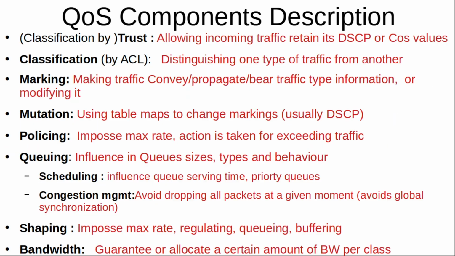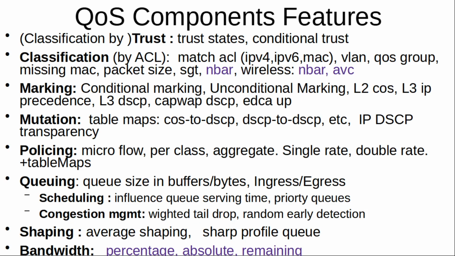So in summary, these are the components. This is the description. And you might want to pause the video here if you want to review all the descriptions of all the quality of service components. And these are the features. The features are Cisco particular features for quality of service. So if you go for another vendor, you might not have trusted states, you might not have MBAR, you may not have conditional marking, you might not have microflow policing, but with Cisco you will have it.